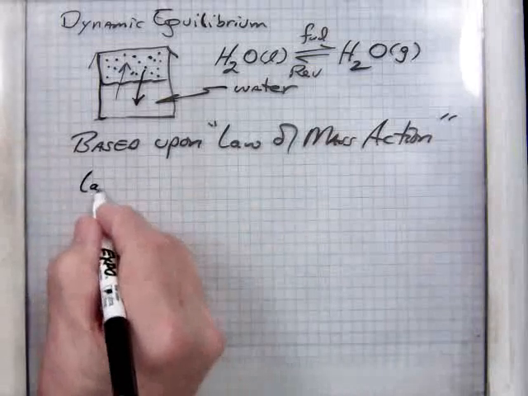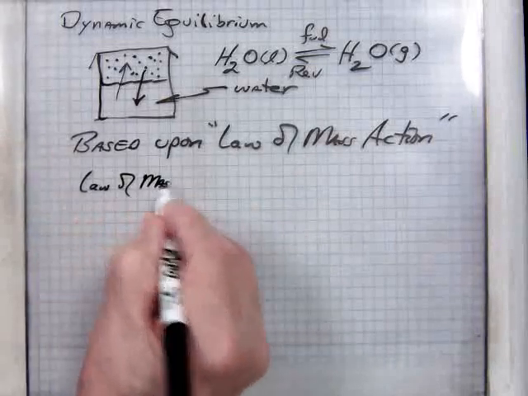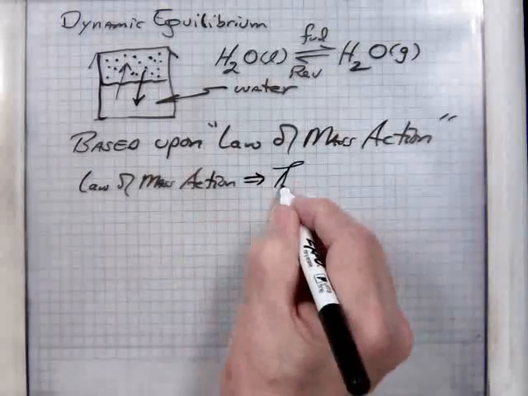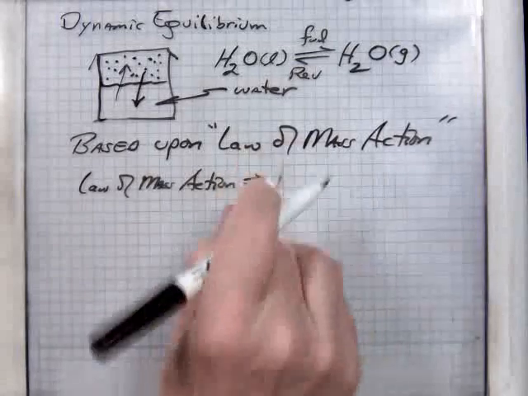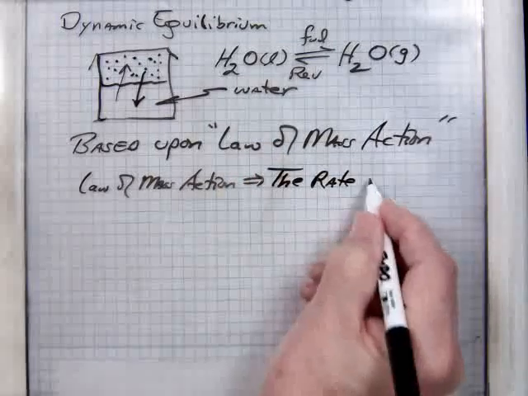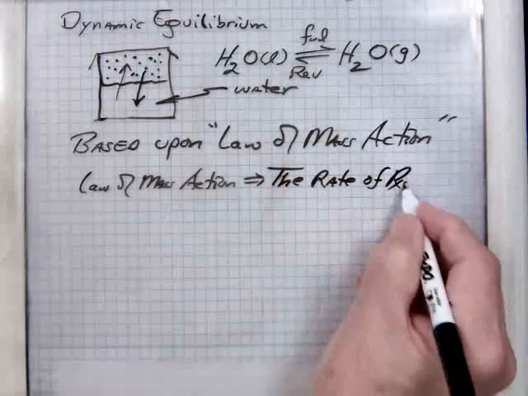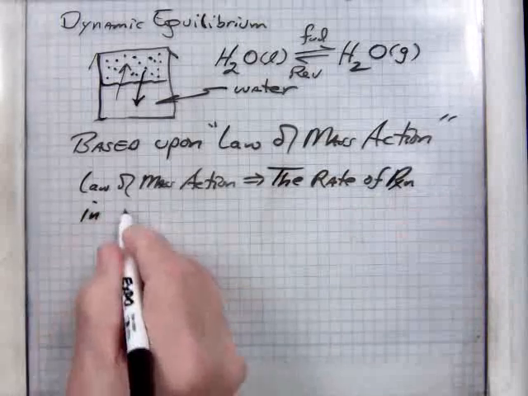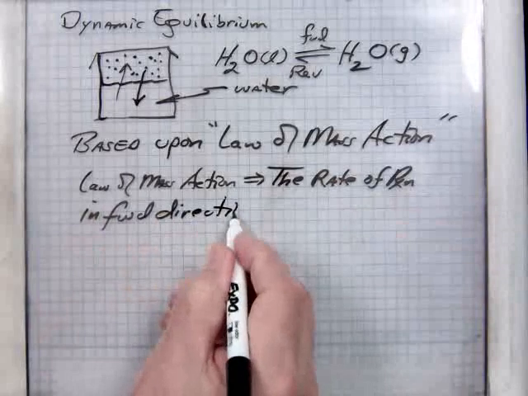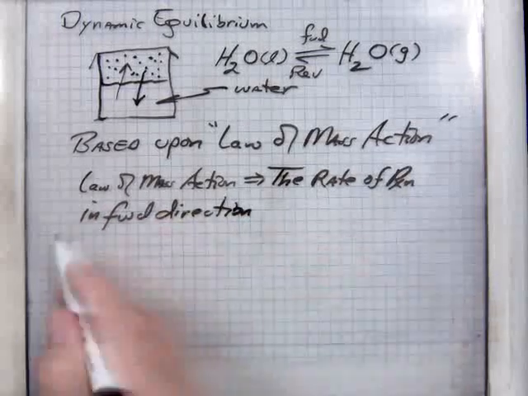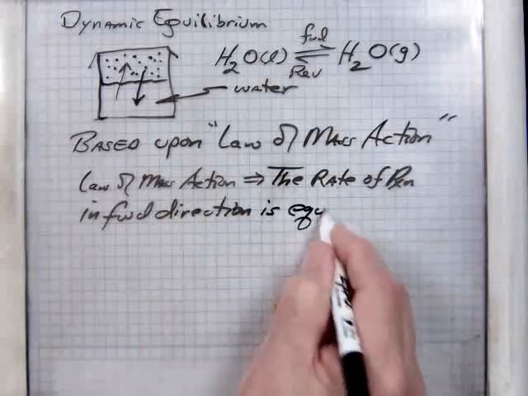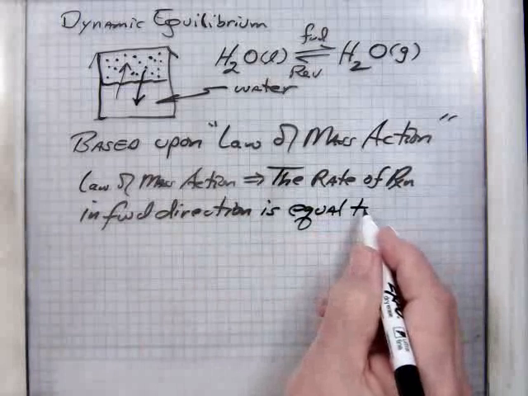So the law of mass action states that the rate of reaction in the forward direction is equal to the rate of reaction in reverse direction.